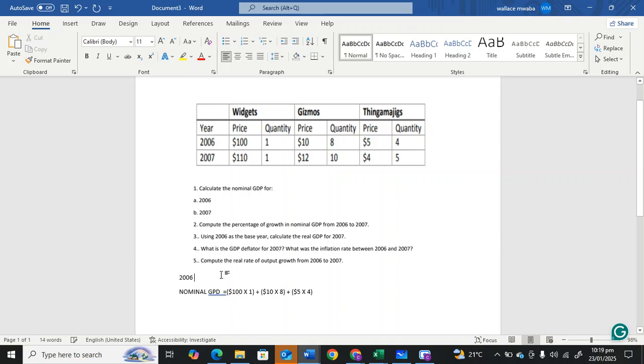Just remember, whenever there's talk of nominal or real GDP, you're just doing price times quantity.